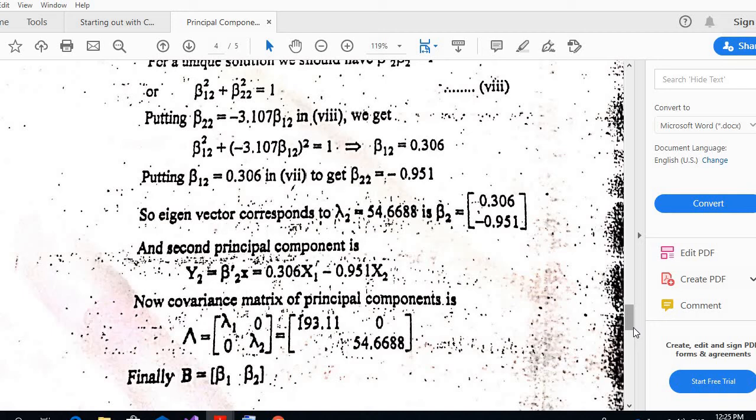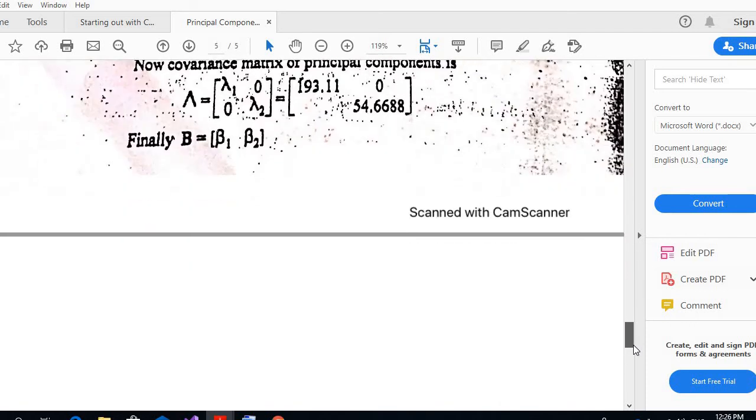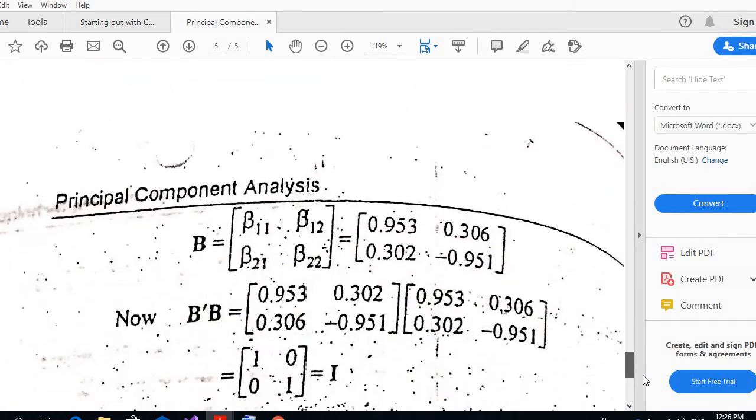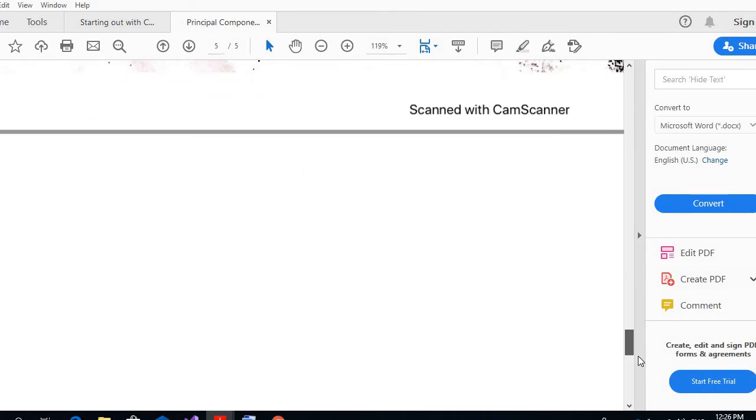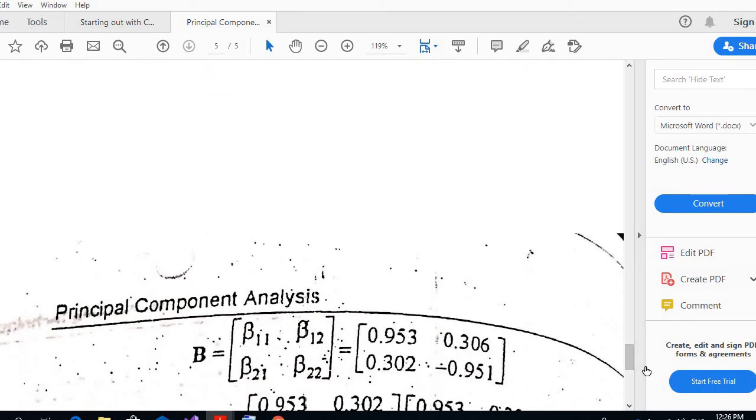Lambda 1 and lambda 2 are the eigenvalues, which are 193.311 and 54.668, with zeros off the diagonal. Finally, beta is equal to beta 1 and beta 2, where beta 1 is equal to beta 11, beta 12, and beta 2 is equal to beta 21, beta 22. Replacing the respective values, we have this.